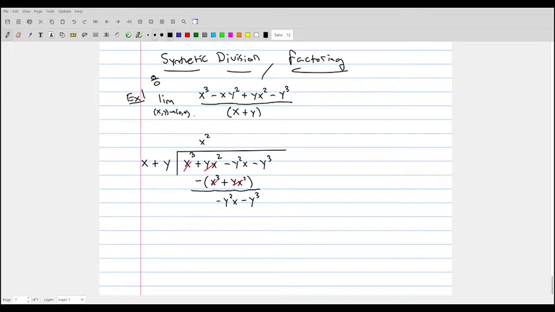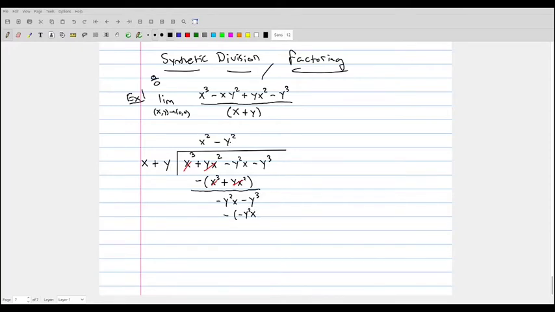So again, we want to do the next highest order. We have to figure out what we have to multiply this by to get rid of this x term right here, this negative y squared x. That's going to be exactly multiplying by negative y squared. Because when I multiply by negative y squared, I get negative y squared times x.